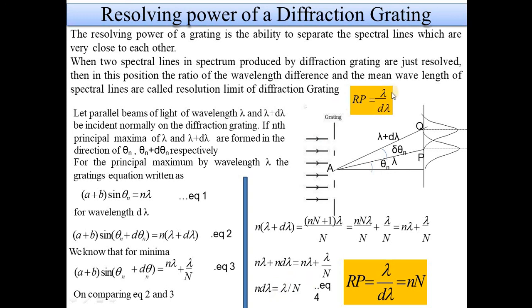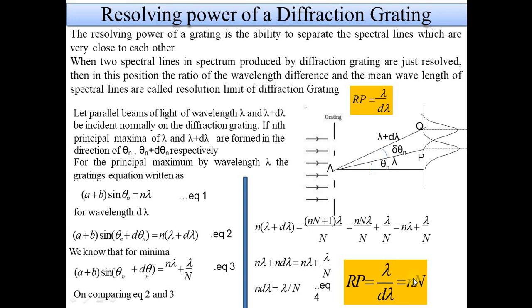We already discussed that the equation for resolving power is lambda by d lambda. So from this equation, lambda by d lambda is n into N. Small n is the order of the spectrum, and capital N is the number of lines per unit length of the grating.